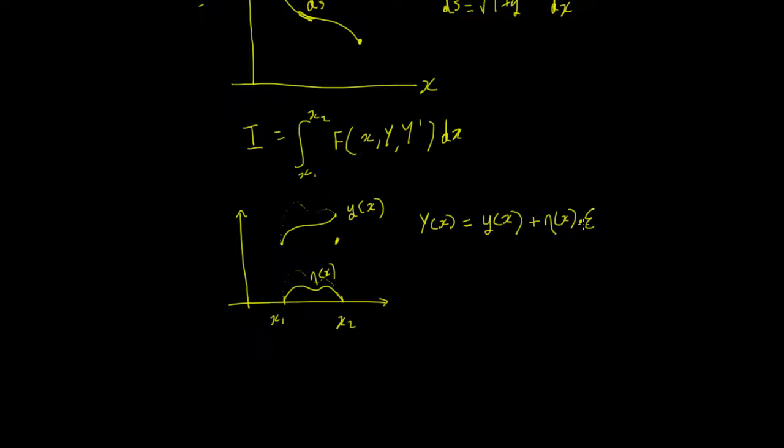As we vary this value of epsilon, then the value of Y of x varies. So now we've got a method of producing a family of curves using one parameter, which is a real number, epsilon. Now, where are we going to go with this? Well, we know that if we change epsilon, our value of Y of x changes.